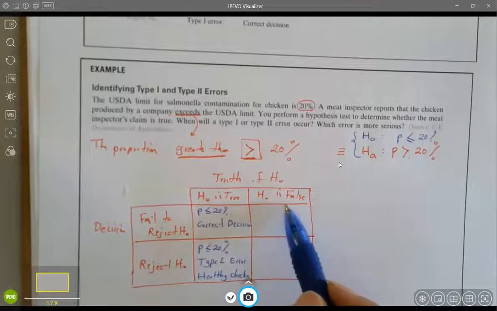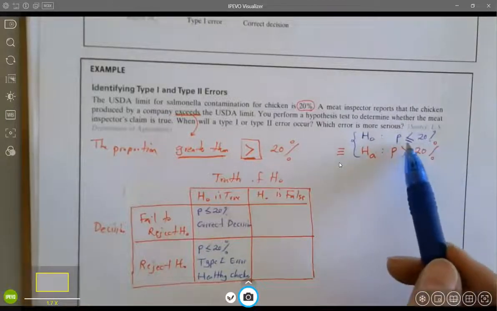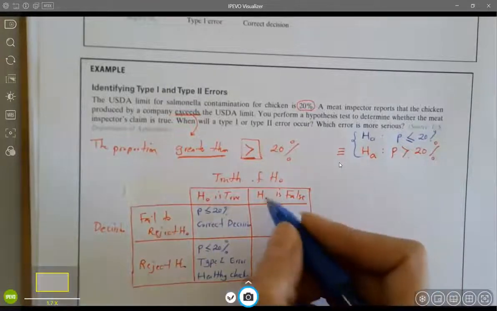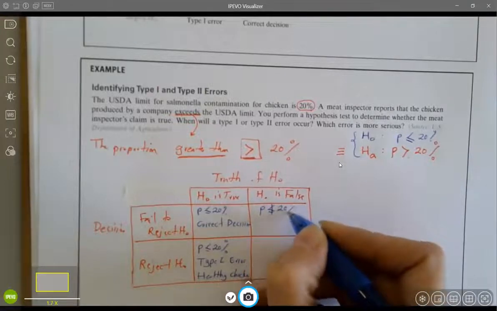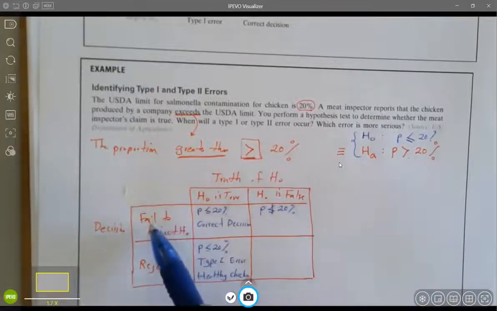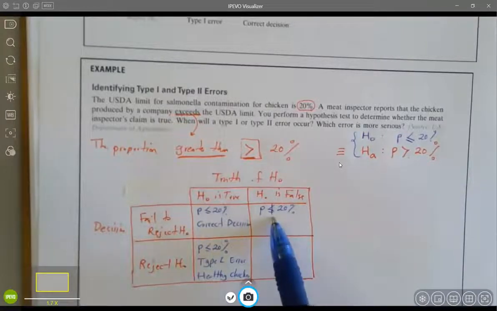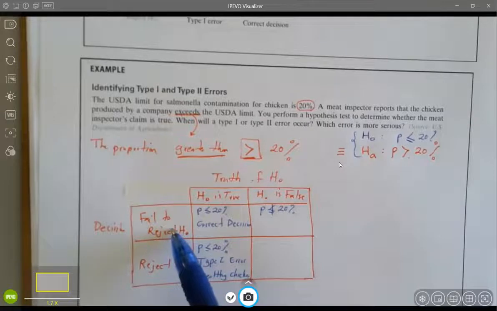What if your null hypothesis is false? What's the meaning of that? It means that the level of contamination is not less than or equal to 20%, and you fail to reject it. So P is not less than or equal to 20%, and you fail to reject that chicken. The level of contamination is higher than 20%, but you fail to reject it.